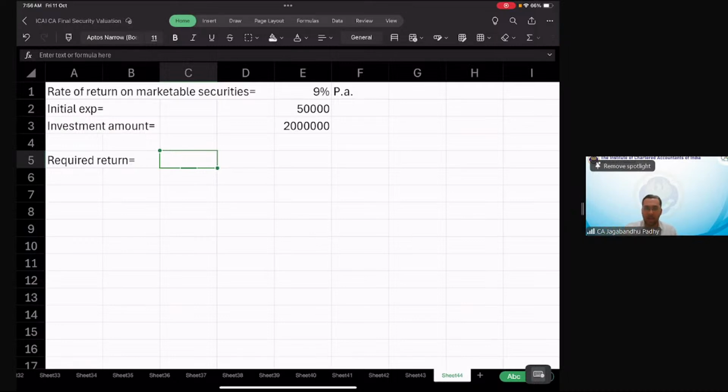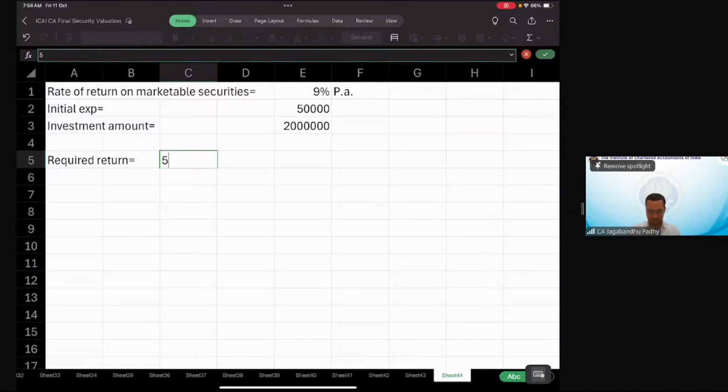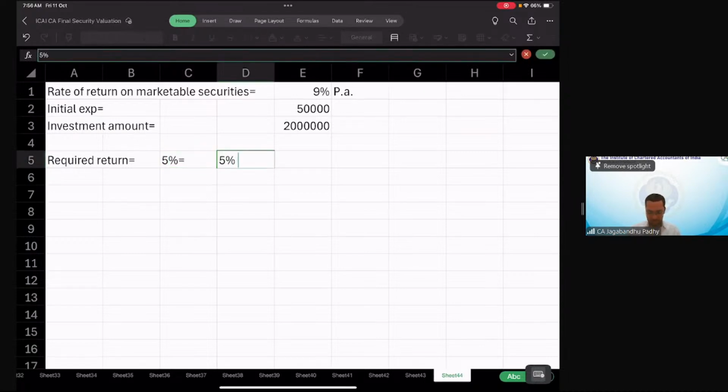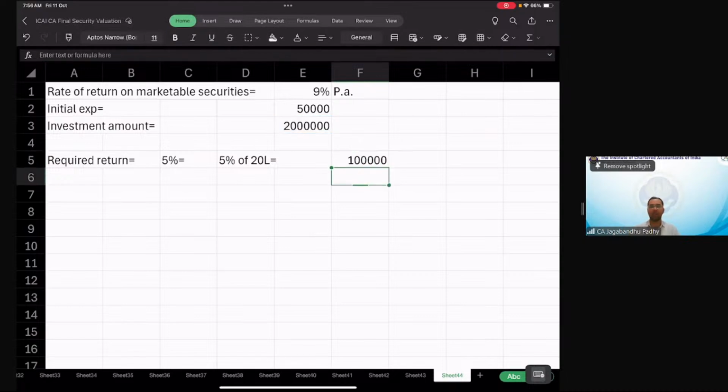But then I need a return of 5% on my investment. So what is my investment? My investment is 20 lakh. So I need a return of 1 lakh. So required return is 5% of 20 lakhs, which simply means we need a return of 1 lakh.